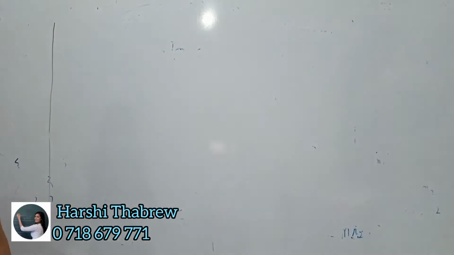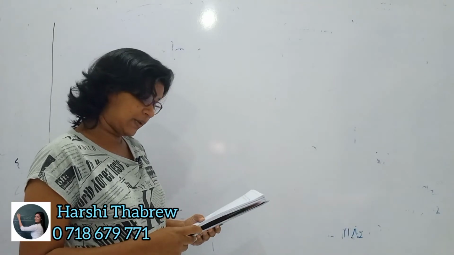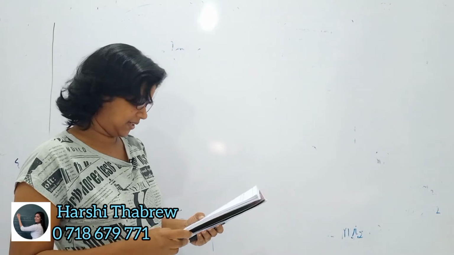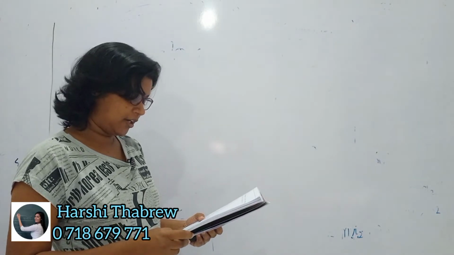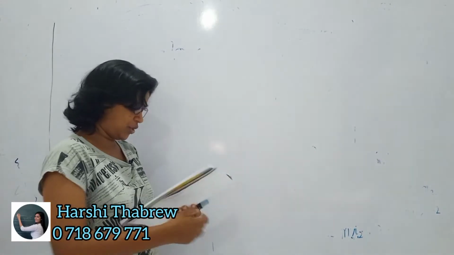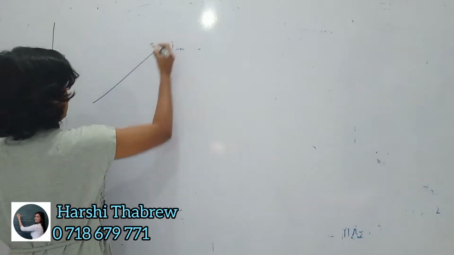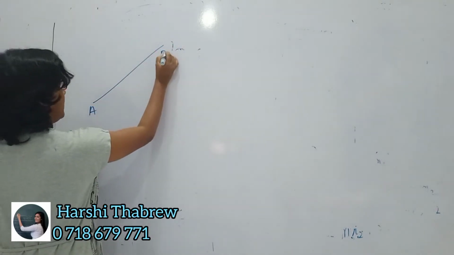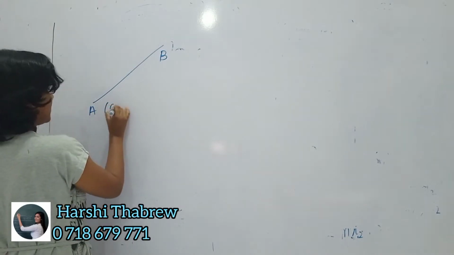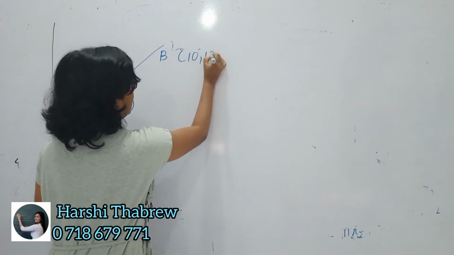In the next question, it's given that the line AB where A equals (0, 5) and B equals (10, 13) is divided by the point P(x, y) externally in the ratio 3 to 2. Then the points are (0, 5) and (10, 13).